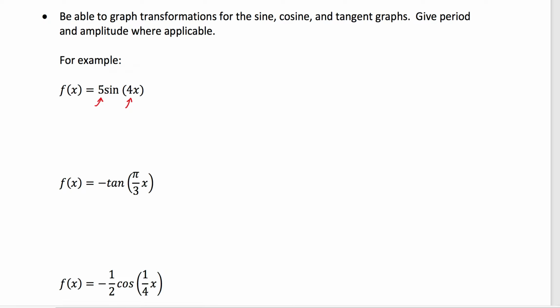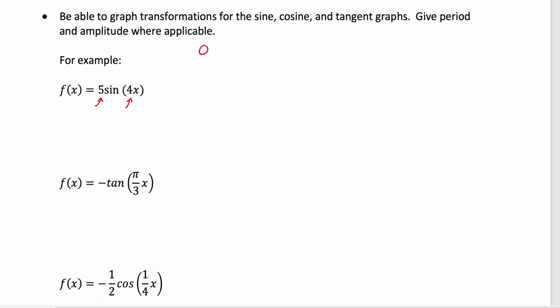If you have multiple things going on inside a function, you always want to start with the period change first, because that's going to determine your tick marks on your graph and let you get that graph set up correctly.